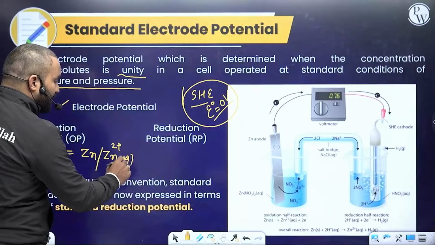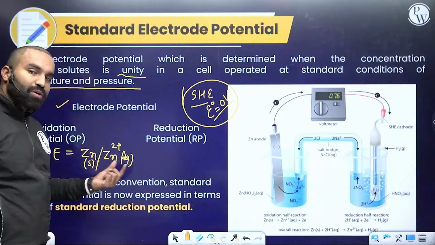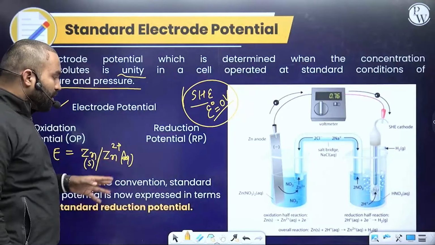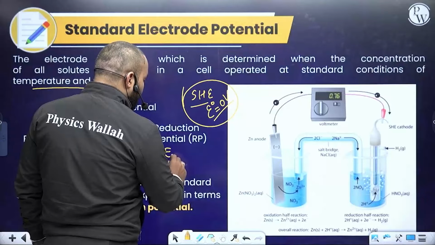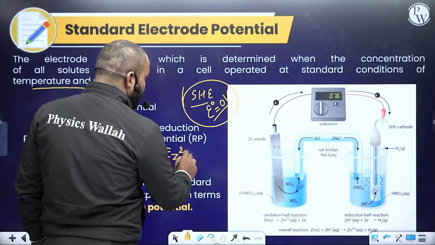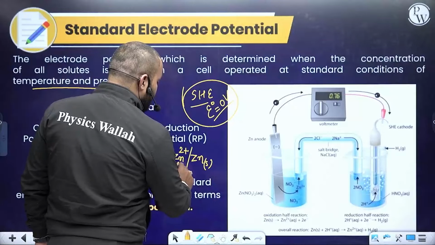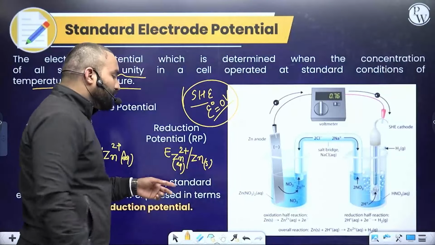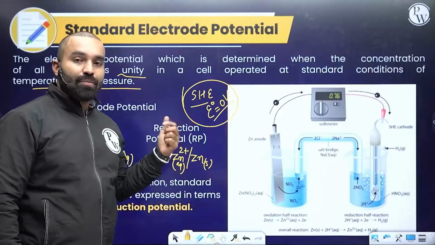If anybody reads this, they will understand that you mean oxidation potential. On the right hand side, if you have reduction potential, mention E of Zn2+/Zn. What is this process, everybody? Reduction process. Zinc 2 plus undergoes reduction to form zinc solid. This will represent reduction potential.